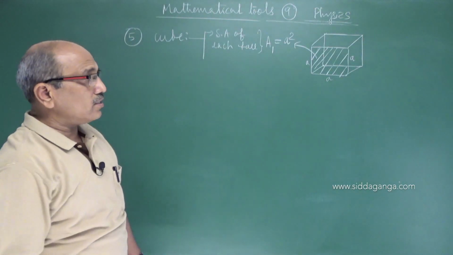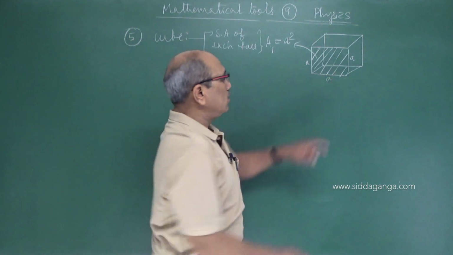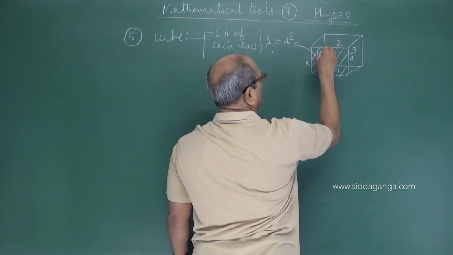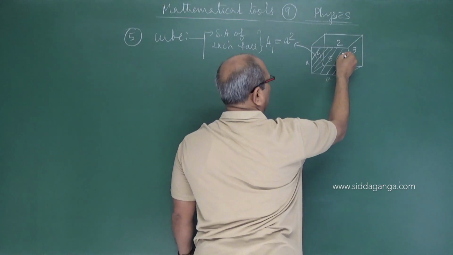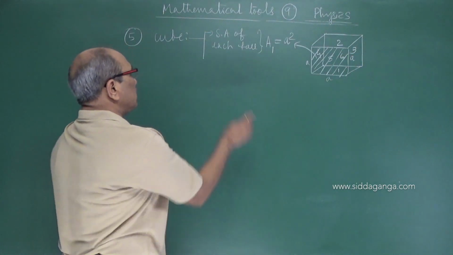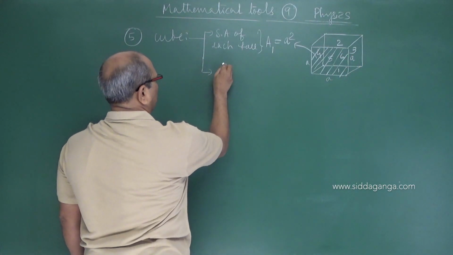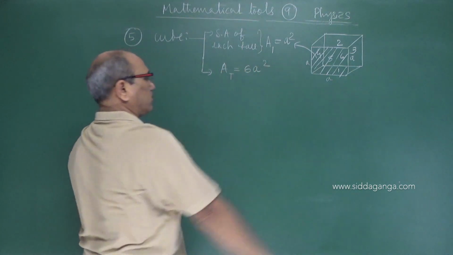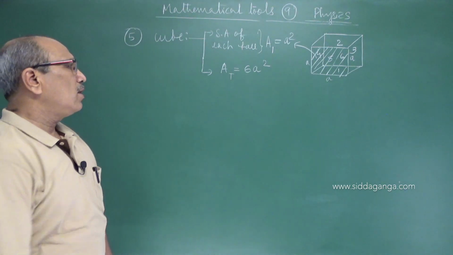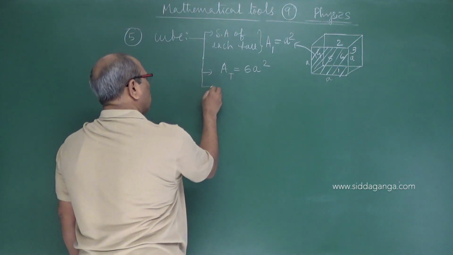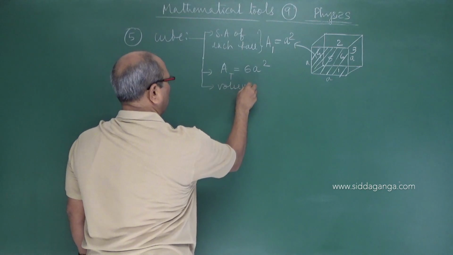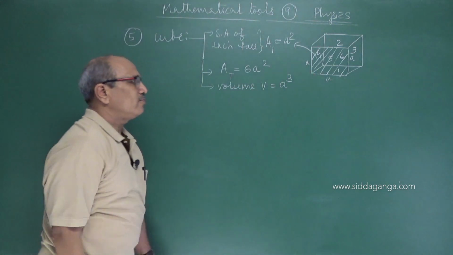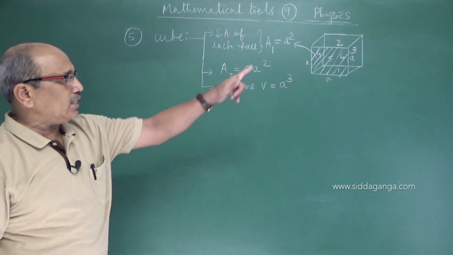How many faces are there? There are 6: 1, 2, 3, 4, 5 and behind is 6. Therefore, total surface area is 6A square. And similarly for volume, V is A cube, A into A into A.